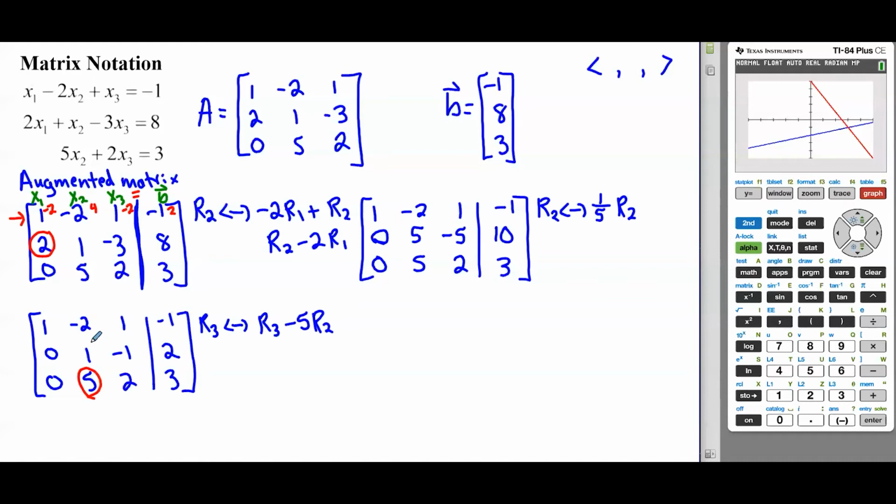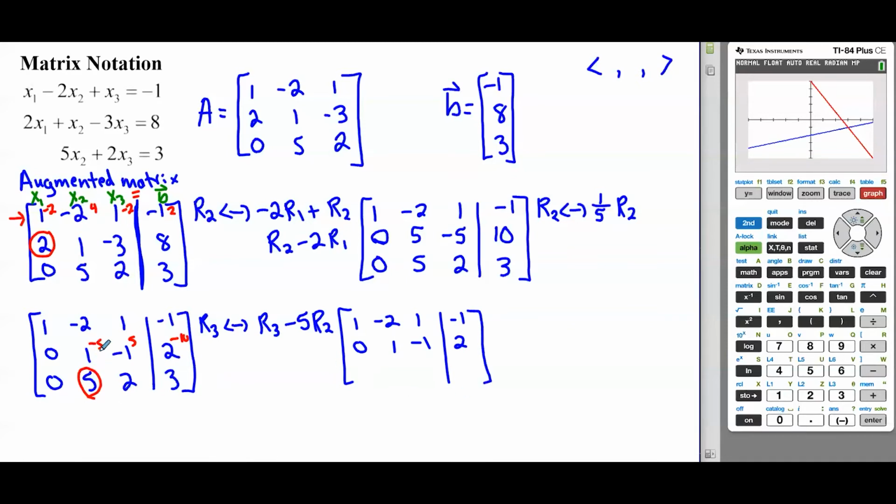And I'm just going to make notes here of what's happening. I'm going to multiply this by -5, so it's going to be -5 and -10. And I'm going to write down the first and second rows. And I'm only changing the third.